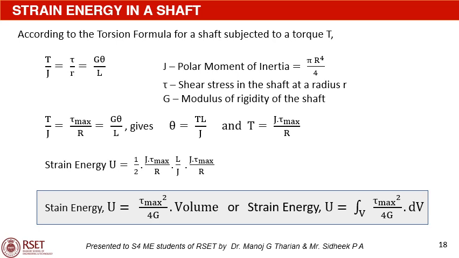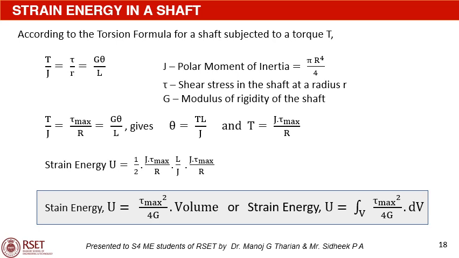The shear stress tau will be maximum at the outer radius, that is, where small r is equal to capital R. This gives T by J equal to tau max by R equal to G theta by L, which gives theta is equal to T into L by J and T equal to J into tau max by R. Substituting for theta and T in the expression for strain energy, we get U is equal to half into J into tau max by R into L by J into J into tau max by R. That is, the expression for strain energy for a shaft subjected to a torque is given by U is equal to tau max square divided by 4G into volume.